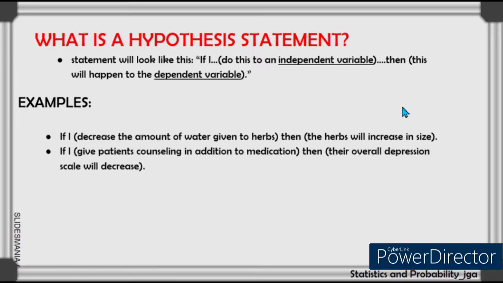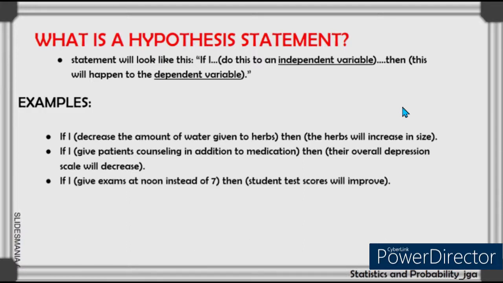Okay, another example. If I give patient counseling in addition to medication, then their overall depression scale will decrease. The independent variable here is giving patient counseling in addition to medication, and the dependent variable in this statement is their overall depression scale will decrease. Another example. If I give exams at noon instead of 7, then the student test scores will improve.